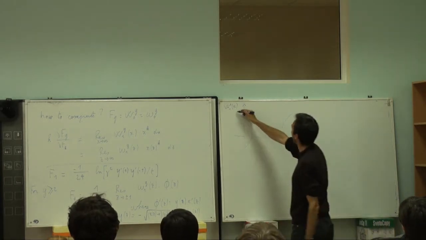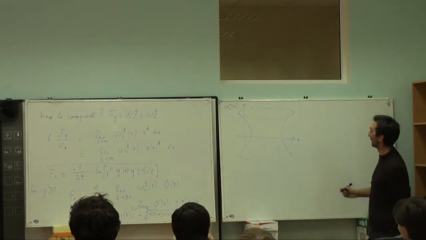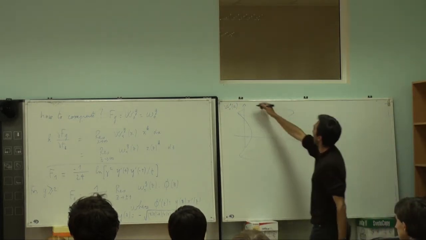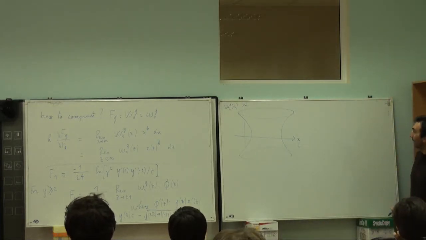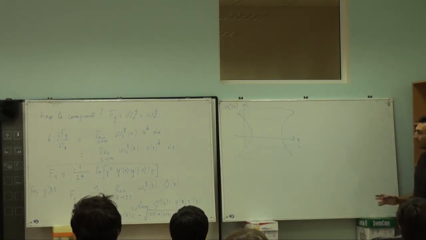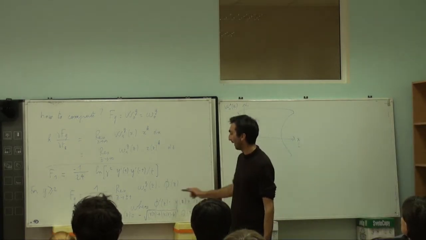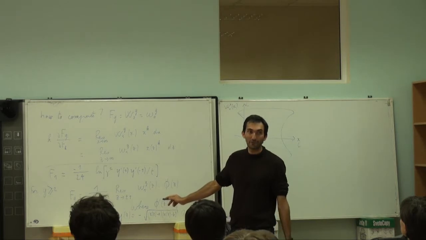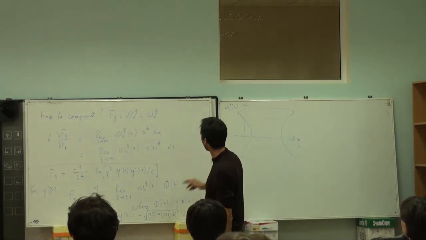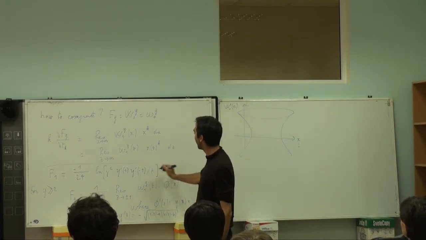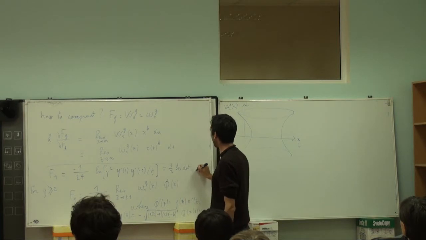But you should think that this is a certain Riemann surface embedded into C cross C. And this curve is naturally equipped with a certain Laplacian related to this function phi. There is a metric on this curve related to this phi. I don't want to enter the details. So there is a certain Laplacian on it, and it turns out that this quantity is 1/2 log of the determinant of this Laplacian.